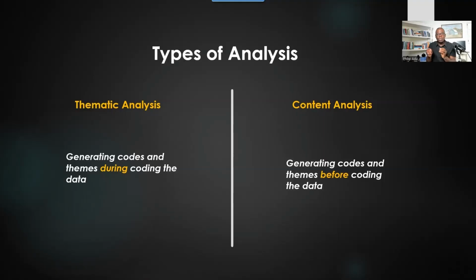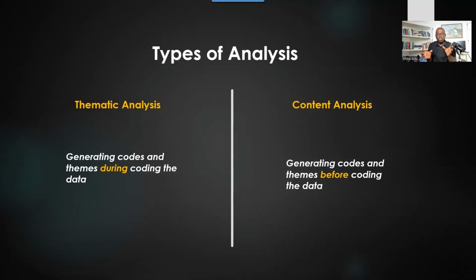And it's very different from content analysis, because in content analysis, how we generate codes and themes is informed by the literature, the conceptual framework, or the initial data that you have reviewed. Then you go through the data, identify evidence, and connect it to the codes and themes that you have already generated.